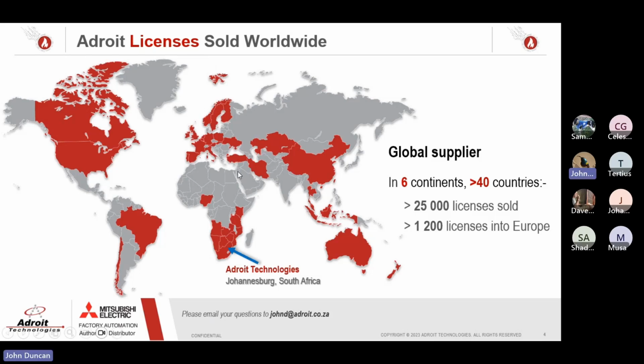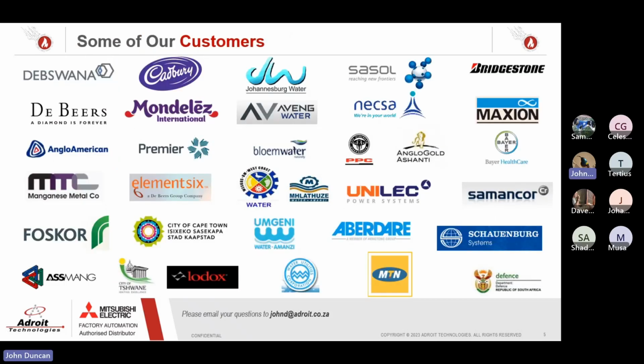So if you can see your country on the map there, let's have a look to see where we are. These are some of the international customers that we deal with, being Cadbury's, Bridgestone, Bosco, Anglo-American, De Beers, all over the world.